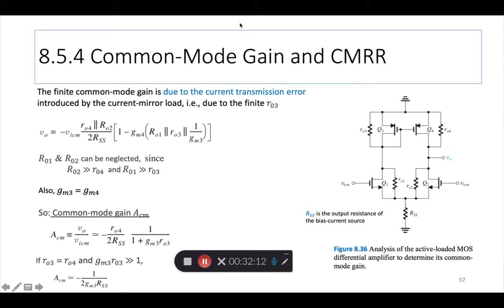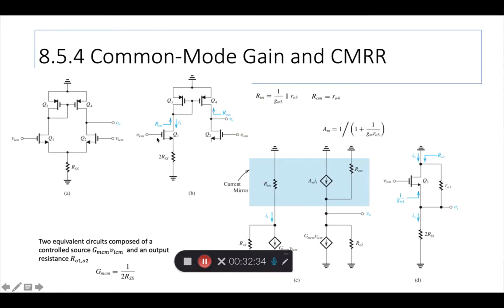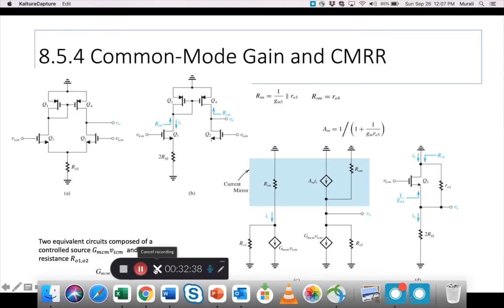Then you have these intrinsic output resistances of Q1, Q2, Q3, Q4, which are called small r O1, O2, O3 and O4. So those come into the formula here. Then you have this RO1 and RO2 that comes into the formula. And what is RO1 and RO2? You can see it on the previous slide.